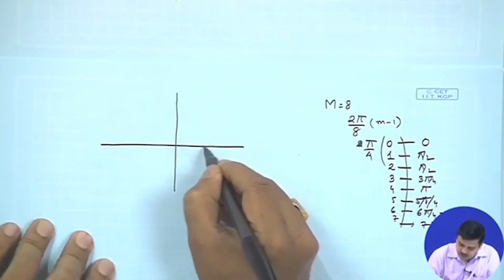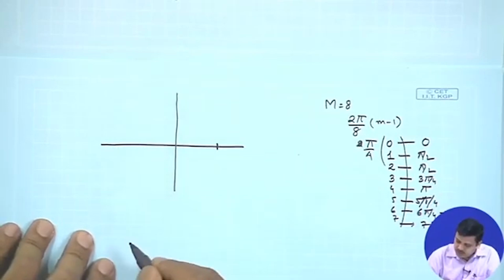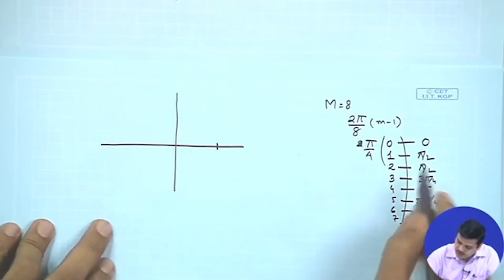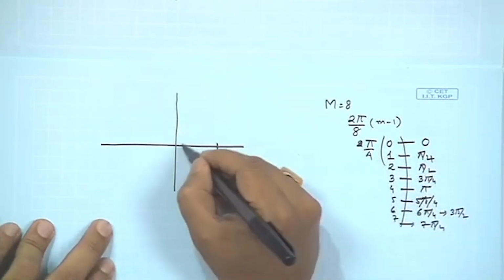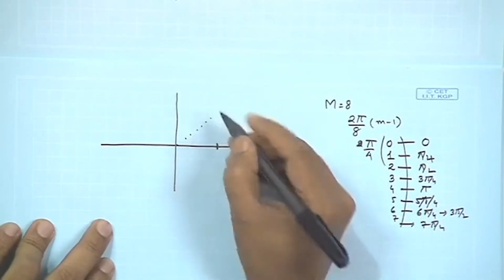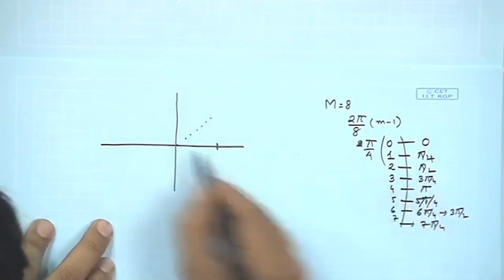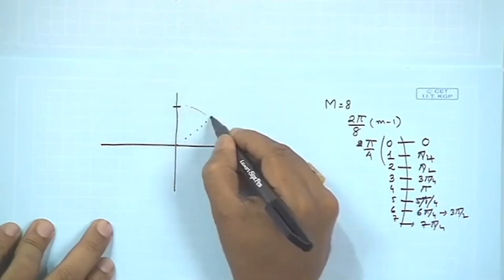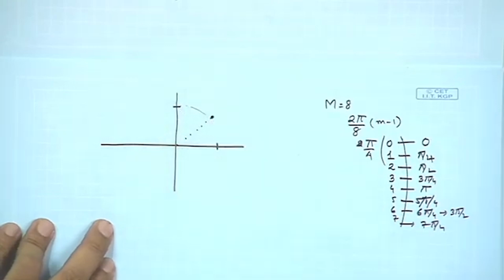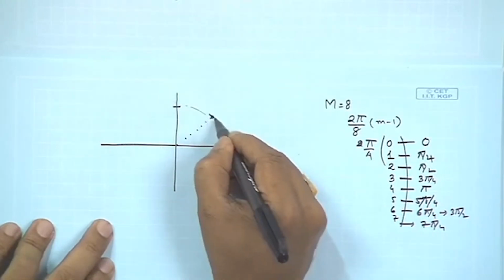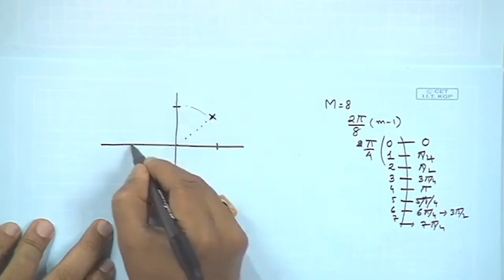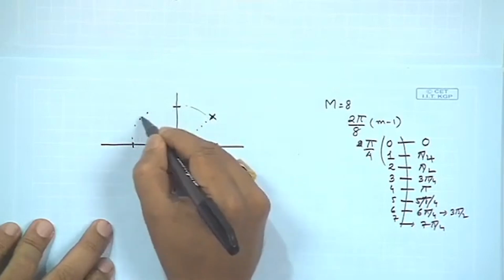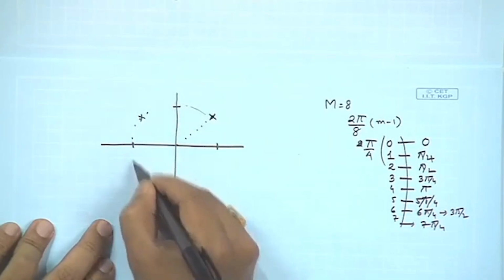Considering these angles, 0 is one of the angles, and then for 1 it is pi by 4. The second is pi by 2. So, this is another coordinate, because your amplitude is constant, and then you are going to get there.